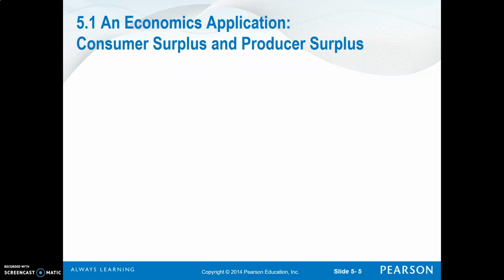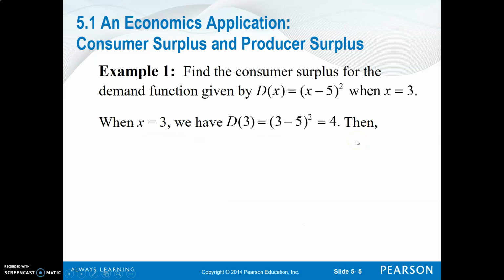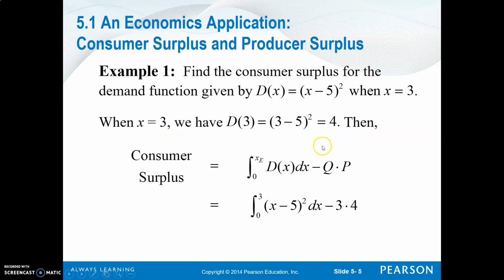So that ordered pair, that (Q, P), would be now (3, 4). So now 3 times 4 would be 12. So I'm still going to integrate, but whatever I get from my integral, I'm then going to subtract 12. Okay? So we're integrating my demand function from 0 to 3, and then I'm going to subtract the number of units times the price per unit at that number.